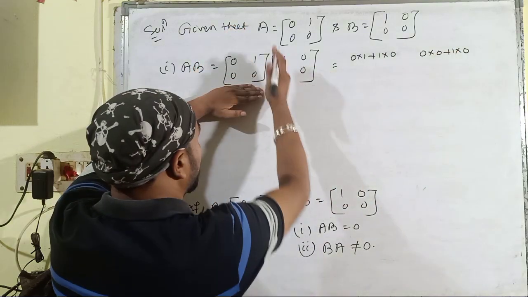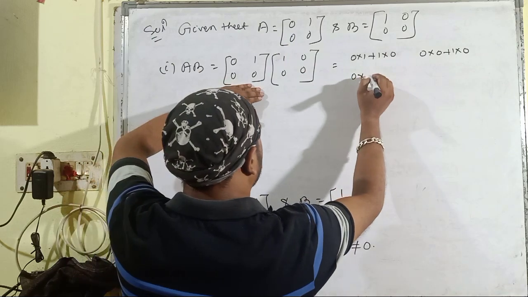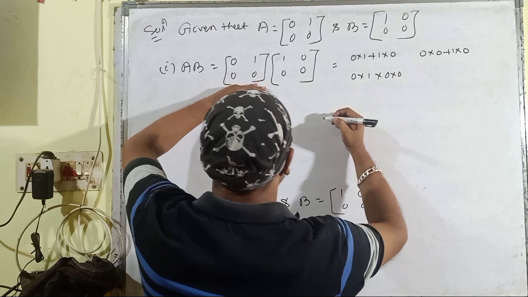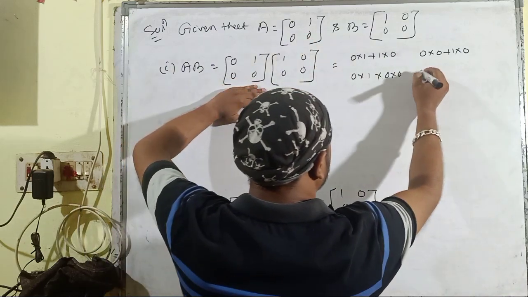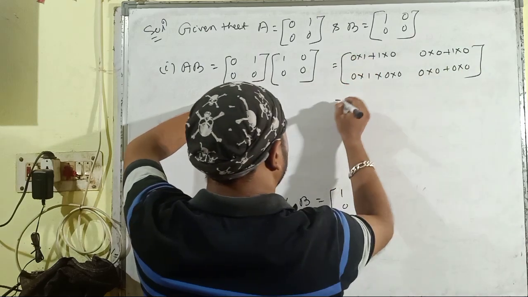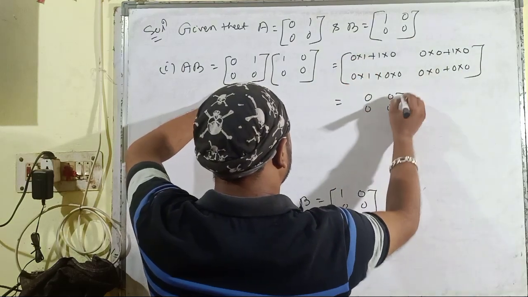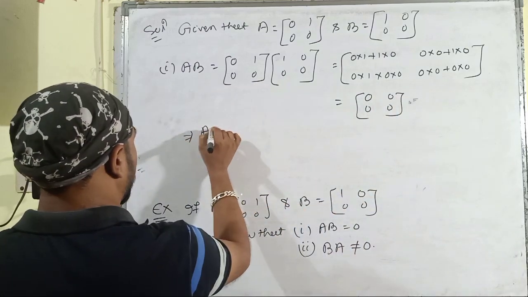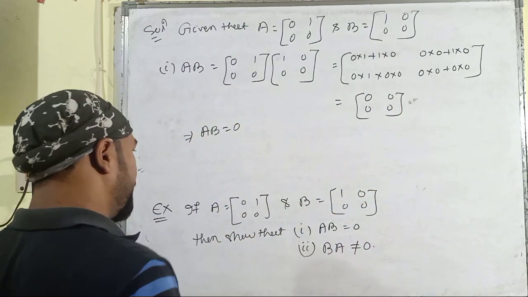Then the second row with the first column: 0 multiplied with 1 plus 0 multiplied with 0. Then the second row with the second column: 0 multiplied with 0 plus 0 multiplied with 0. It gives you the null matrix [0, 0; 0, 0]. That means here AB is equal to a null matrix.